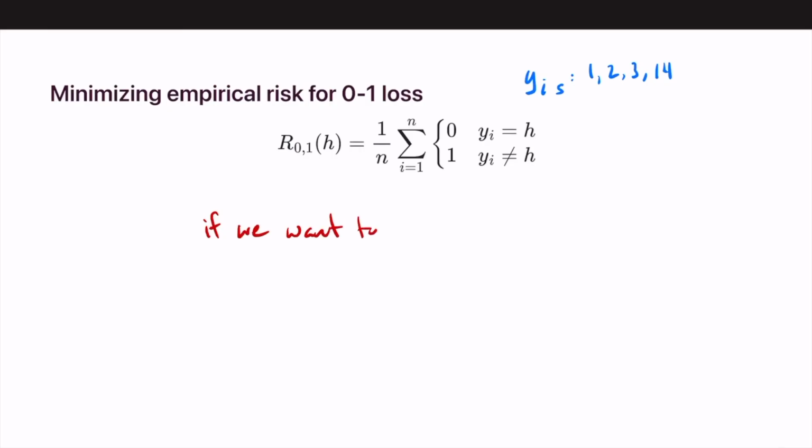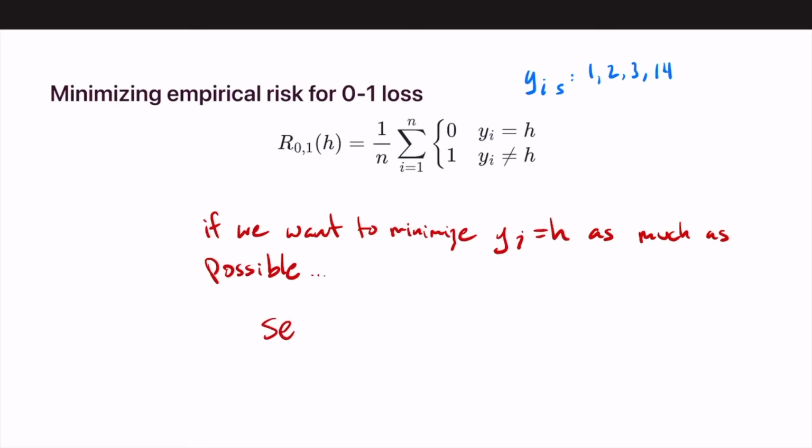So if we want to minimize yi equals h as much as possible, then what do we do?